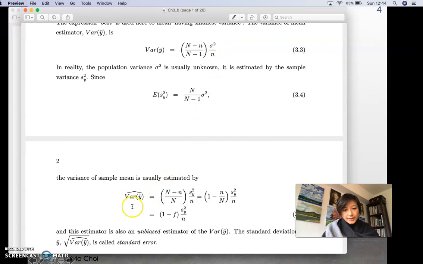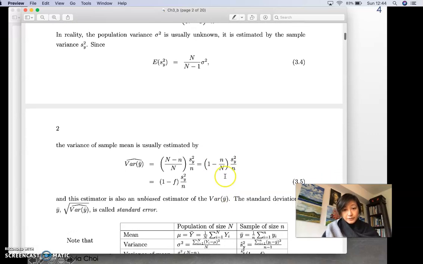And then we can find the estimated variance of our sample mean equals capital N minus little n divided by capital N, times the sample variance sy squared divided by the sample size. So that equals 1 minus the fraction of our sample size over the population size, multiplied by sy squared over n.